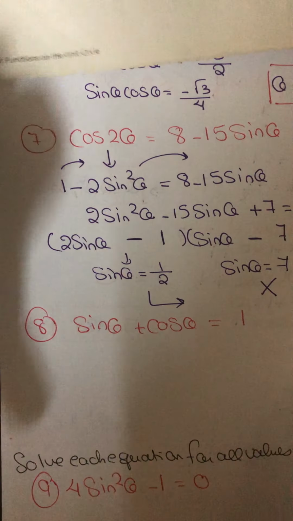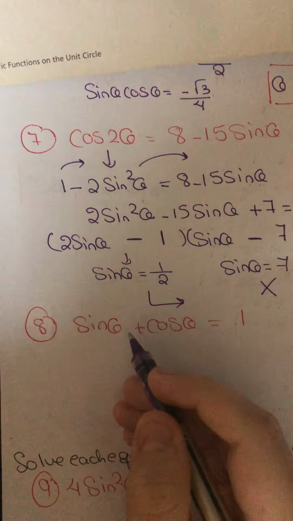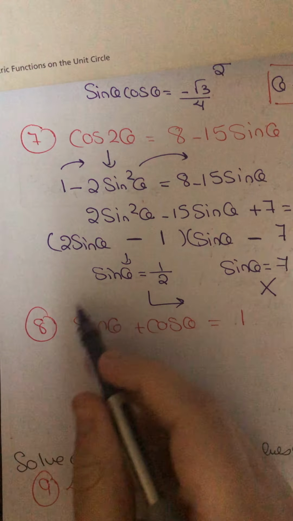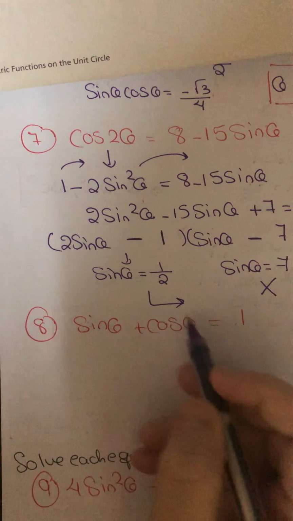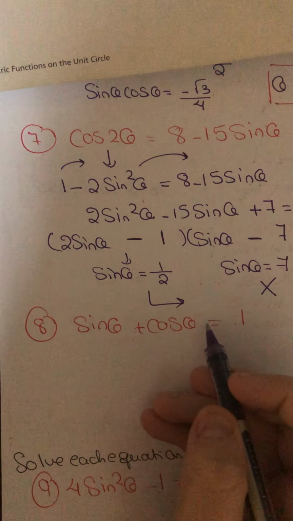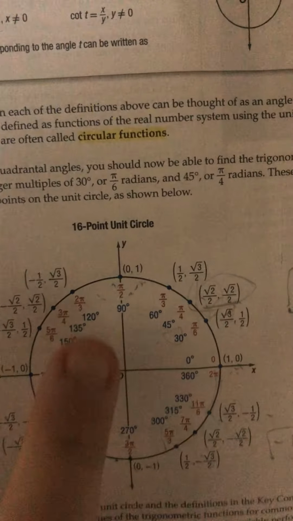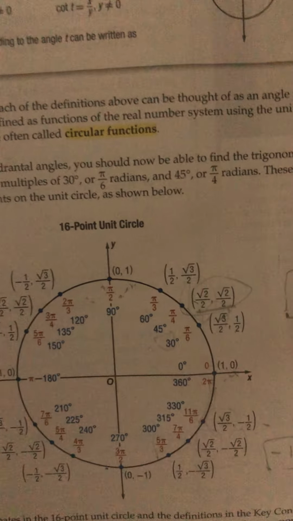Okay, regarding this one, I would think which coordinates would give me, if I add them, the sine and the cosine, 1. Okay, and this will happen at 0. If I add these, I'm gonna get 1. 1 plus 0 is 1. And if I add these, 0 plus 1 is 1. And that's it.